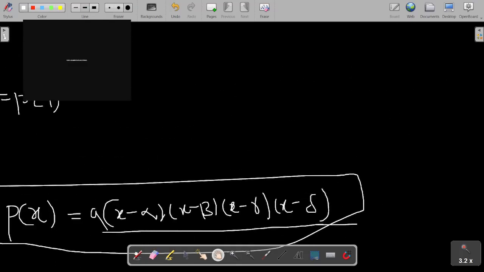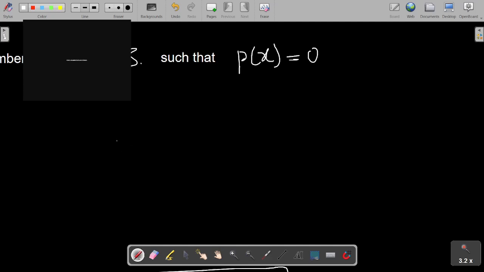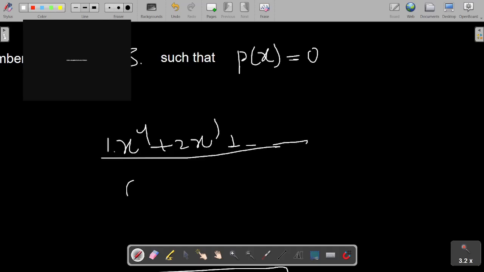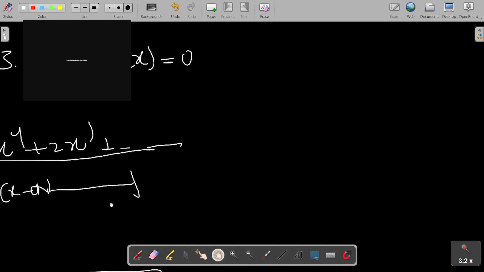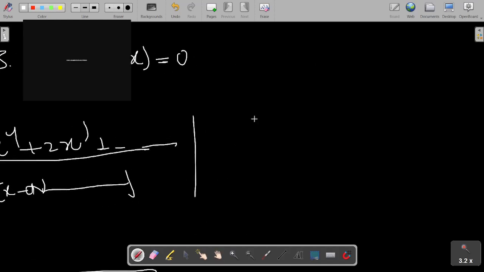Let's say if I get an equation like this, x power 4 plus 2x cube and so on. Here you can see that the leading coefficient is 1, and I can write x minus alpha and so on. I do not need to worry about any constant right here. But if the equation is like this, x minus 1, x minus 2, then I need to worry about this.